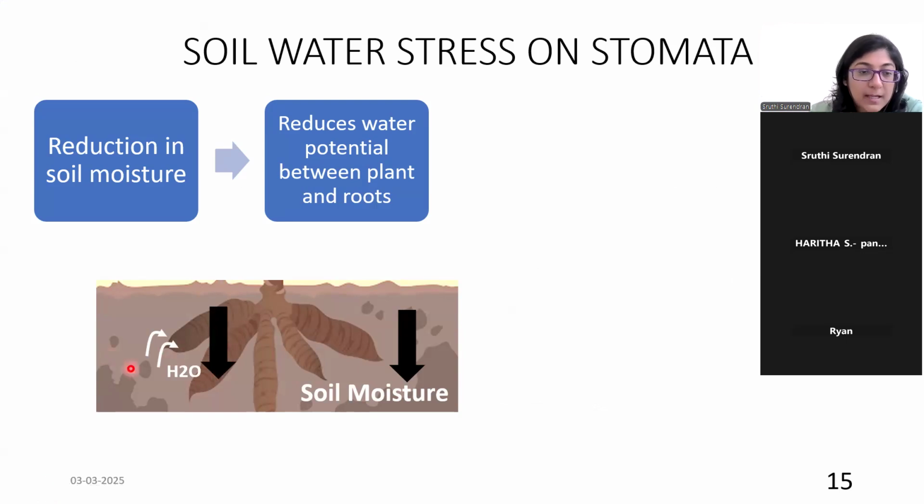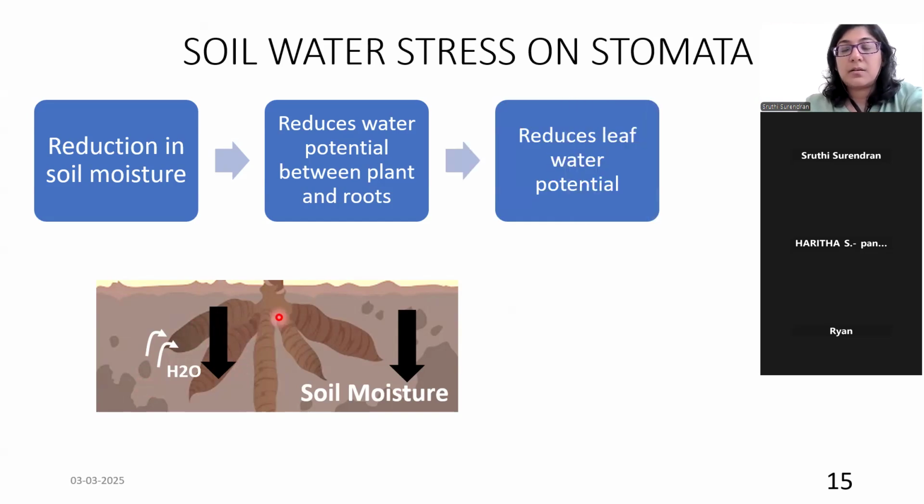Why? Because if the soil moisture is less than the water present in the roots, then the gradient of water will be from the plant to the soil, because it will have a higher concentration over here than in the soil. So the plants are not able to take up water. As a result of this, there will be some change in the leaf water potential.